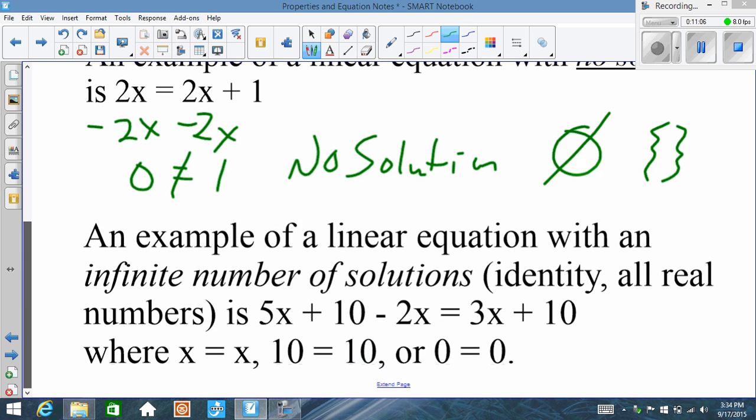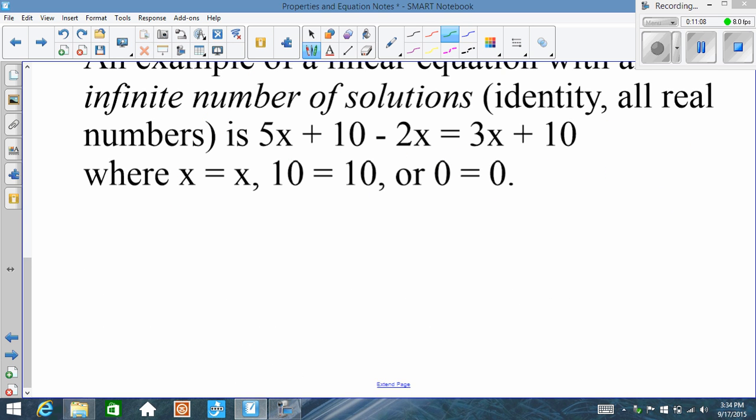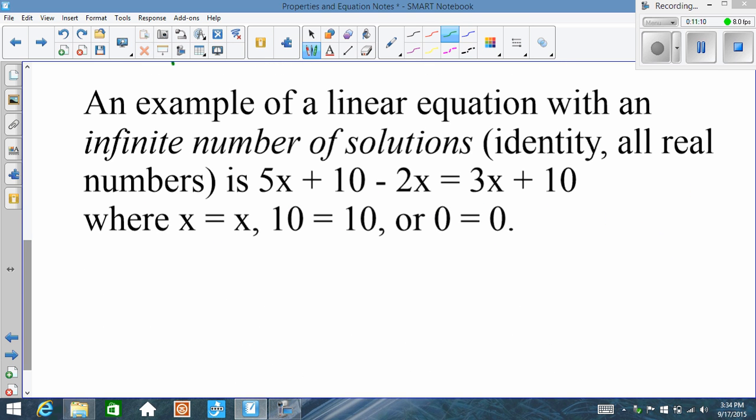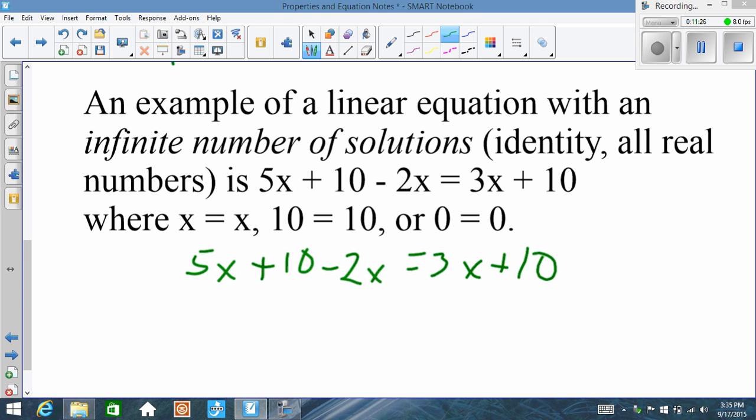The last one here is an example of a linear equation with an infinite number of solutions, meaning they're all real numbers. We have 5x plus 10 minus 2x equals 3x plus 10. If you solve this, you can possibly get 3 different answers.